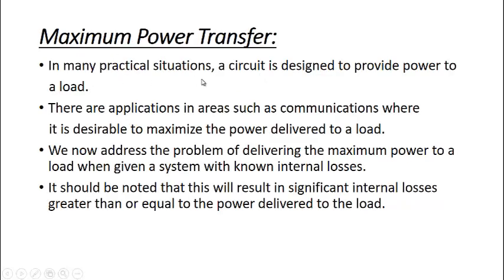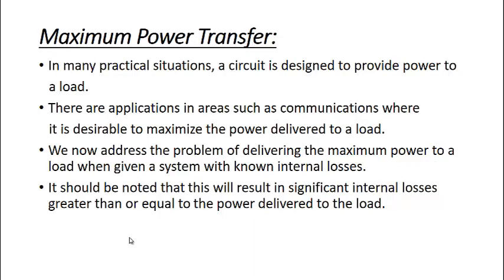In many practical situations, a circuit is designed to provide power to the load. There are applications in areas such as communications where it is desirable to maximize the power delivered to the load. We now address the problem of delivering the maximum power to the load given a system with known internal losses.